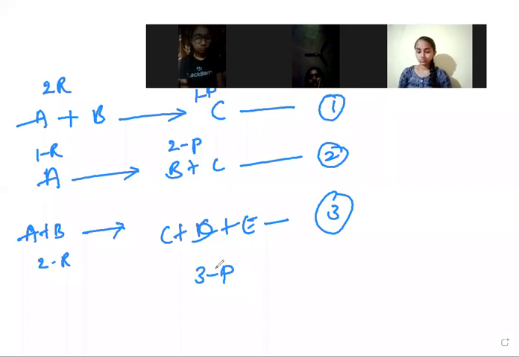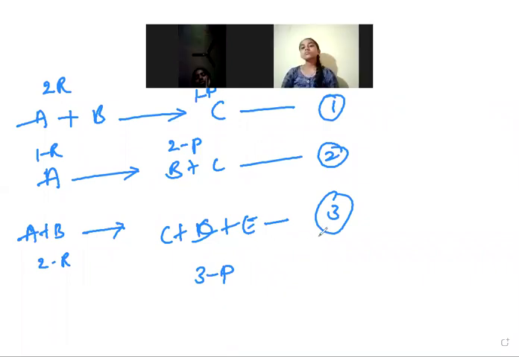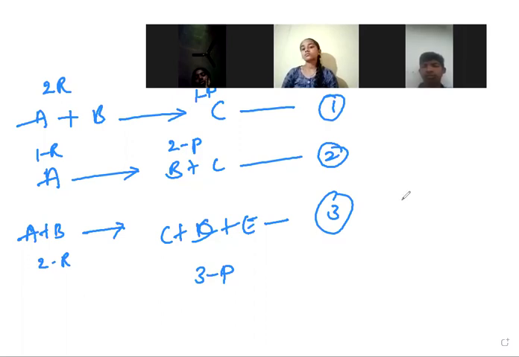So according to the chemical equation, the number of reactants and the number of products are decided. In any chemical equation, the number of reactants and number of products are not fixed. We can take any number of reactants and any number of products. If you take two reactants, maybe we'll get one product or two products or three products.